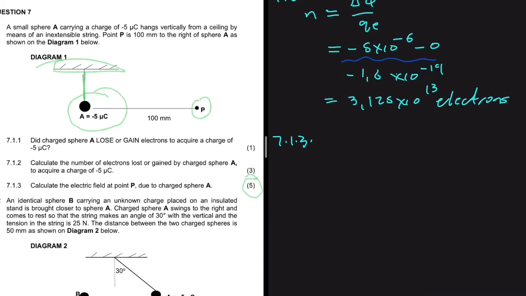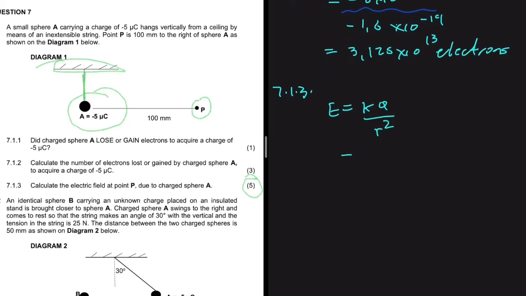So we have the electric field equal to K multiplied by the charge of the sphere divided by the distance squared. K is a constant, 9 multiplied by 10 to the power of 9. The charge on our sphere is 5 times 10 to the minus 6.